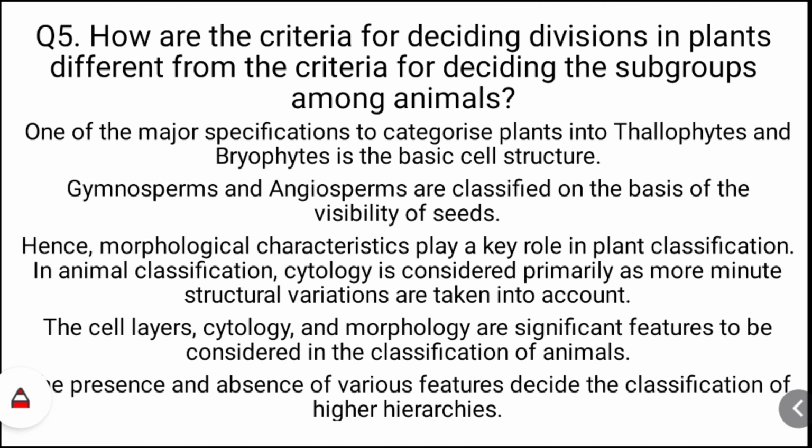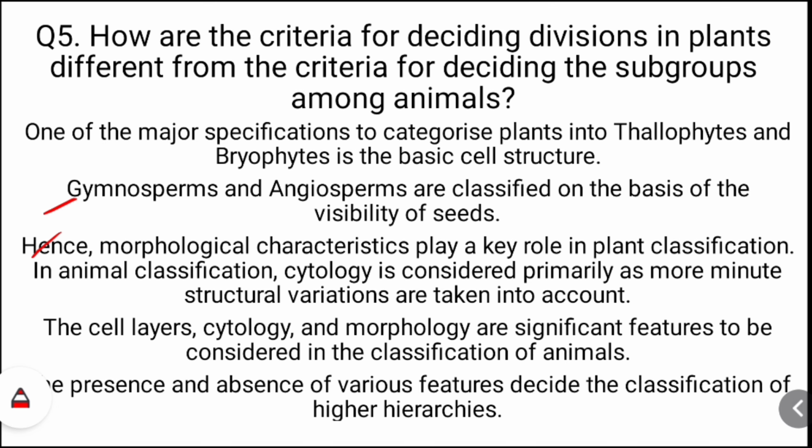Number 5, how are the criteria for deciding divisions in plants different from the criteria for deciding the subgroups among animals? One of the major specifications to classify plants into Thallophytes and Bryophytes is basic cell structure. Gymnosperm and Angiosperm are classified on the basis of the visibility of seed. Hence, morphological characteristics play a key role in plant classification.